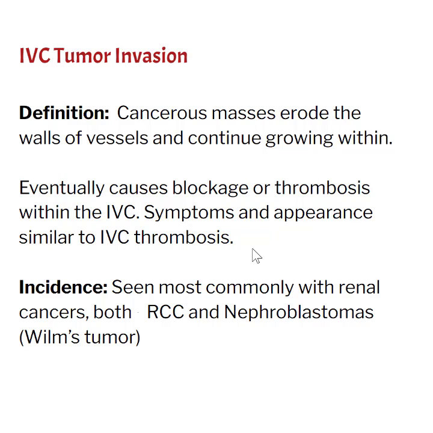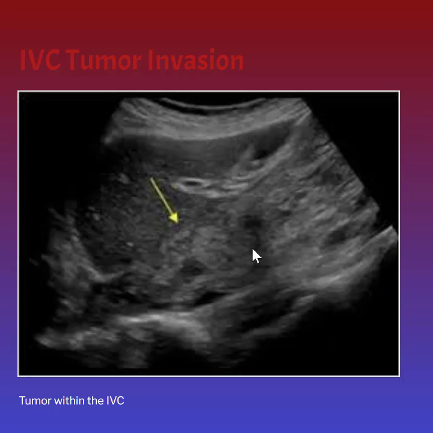Once the cancerous tissue grows within the IVC, it can cause blockages or thrombosis within the IVC, and the patients will present with similar symptoms to IVC thrombosis. These are seen most commonly then with renal cancers, both renal cell carcinoma and in children, nephroblastomas, which are also known as Wilms tumors.